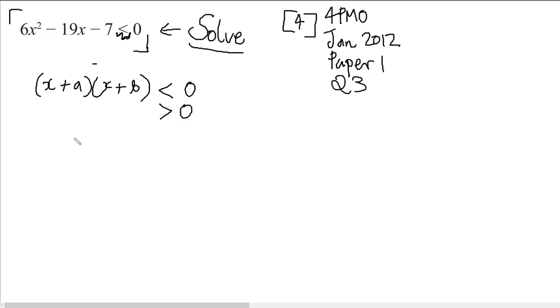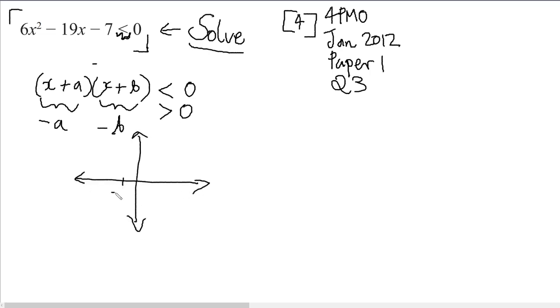This is because in this case being 0, minus a is an x-intercept, and in this case being 0, minus b is an x-intercept. Once you know these x-intercepts, you can give a rough sketch of the graph. So you have minus a, minus b, and for it to be less than 0, you know that it has to be between minus a and minus b, because that's the way the graph goes, right?